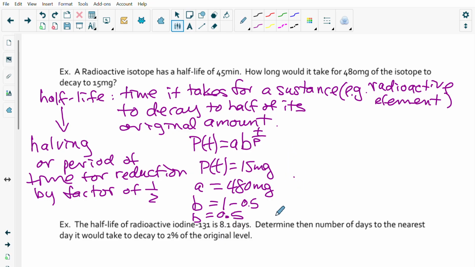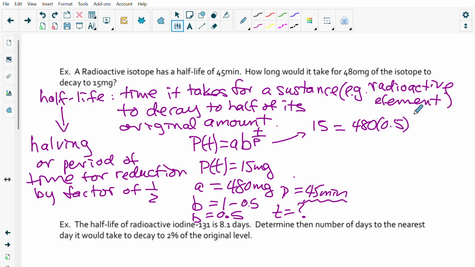We're looking for T, so we don't know T. Our halving period, P, is 45 minutes, and then this is like our transformation value that transforms our exponential decay problem. So let's fill everything in. That's 15 equals 480 times B value of 0.5 to the T divided by 45.